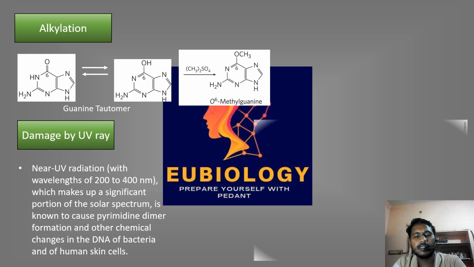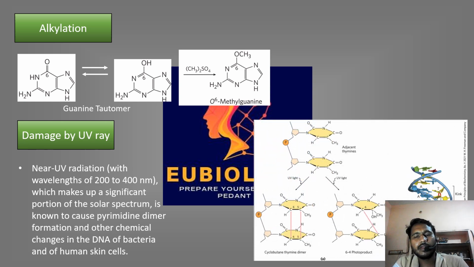So the consecutive thymines will form a cyclobutane thymine dimer. The same UV ray will also form a 6,4 photoproduct. It is a different linkage between the thymines, with bonds between different carbons. Got it? This is the damage because of UV rays.